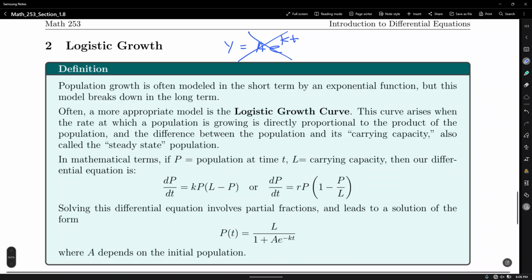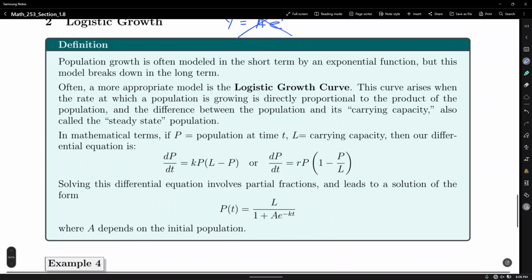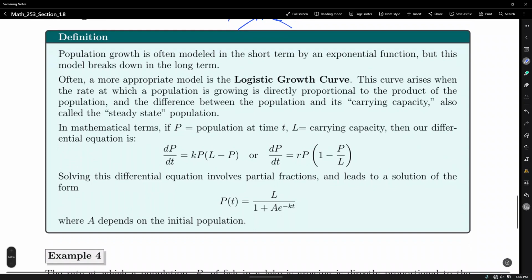So what about this curve? It's modeling a different way, and arises when the rate of change at which the population is growing is directly proportional to a product between two quantities. That is, the product between the population size and the difference between the population and its carrying capacity, giving us this differential equation.